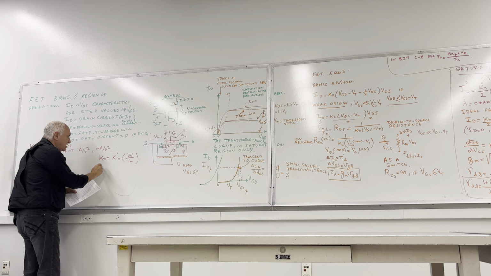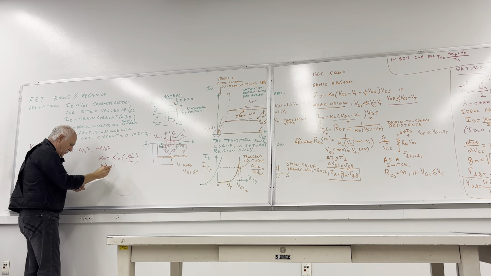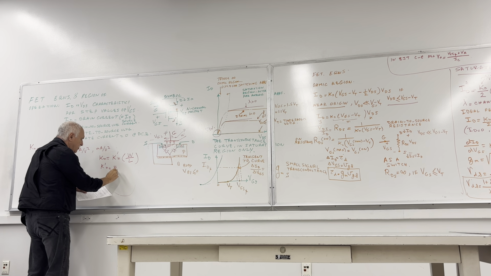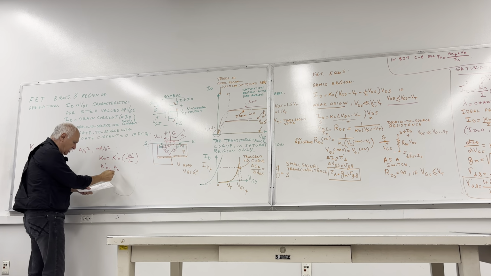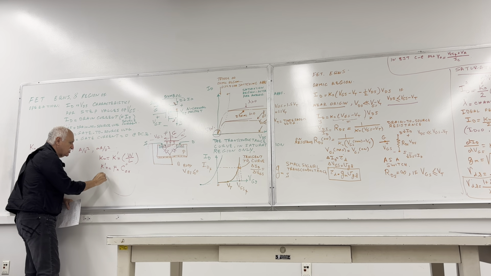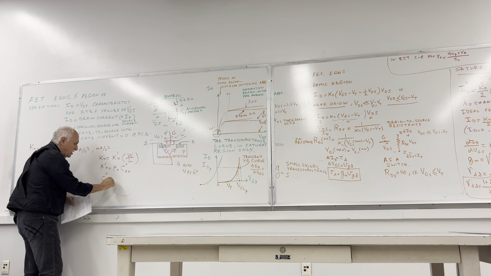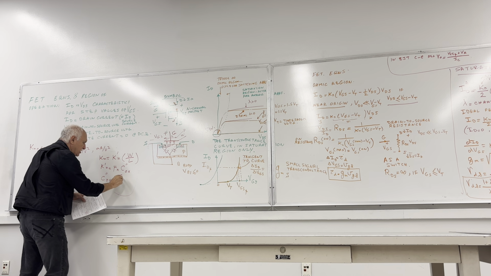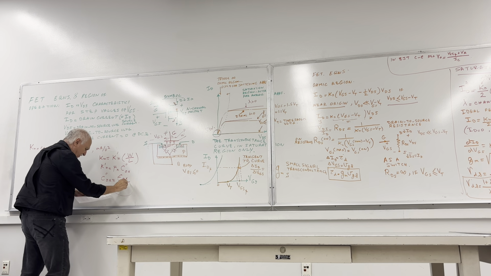And K dash N will be equal to mu N, mobility in the N-type material, multiplied by C dash OX. This C dash OX is epsilon OX divided by T OX.